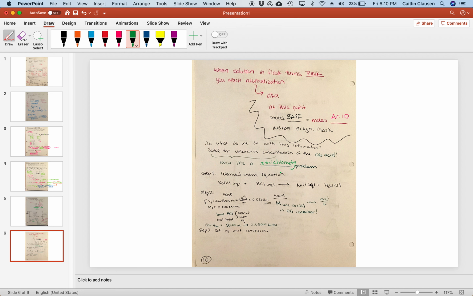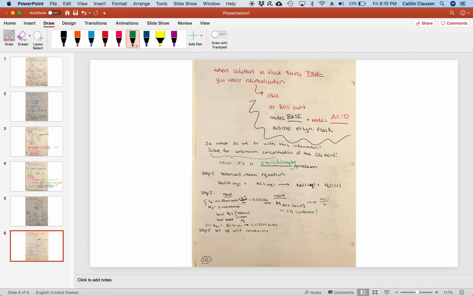So you'd start with a balanced chemical equation of our reaction. We added sodium hydroxide to HCl, and in the flask a reaction happened where you get sodium chloride aqueous and H2O liquid. And now we can list out what we know. We know our volume of base because we read the burette and it was 22.50 milliliters. Convert that to liters. We know the molarity of our base solution.